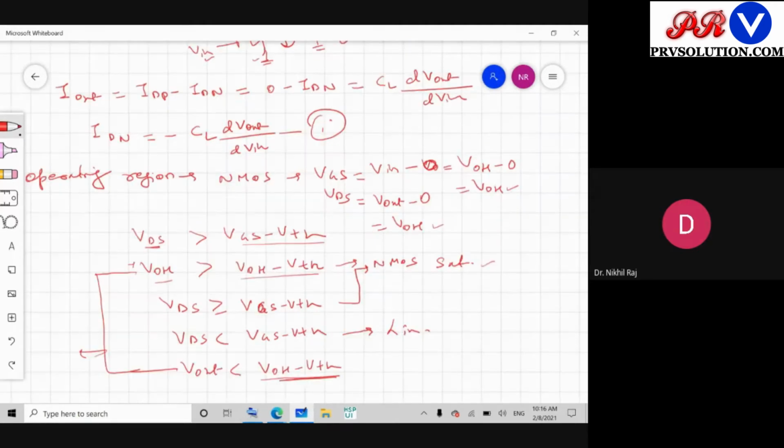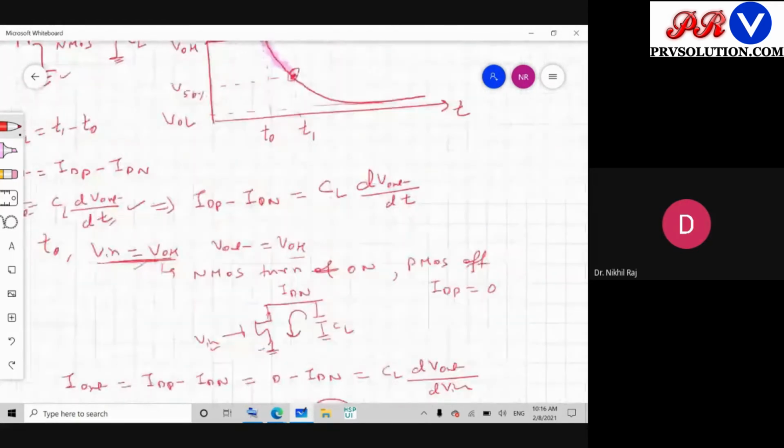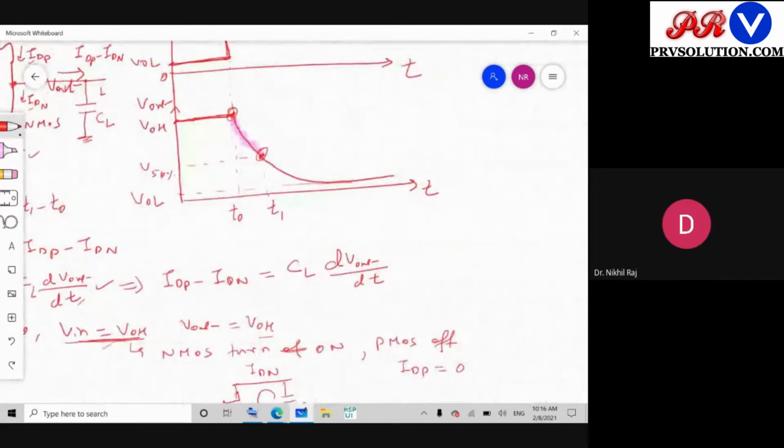So coming back to the graph, this was the graph. So it was VOH. Somewhere here it is VOH minus VTH. This is the VOH minus VTH point. So here it will come somewhere here. So we got another point here, and let's name it T1 dash. So what happens in this region and in this region?